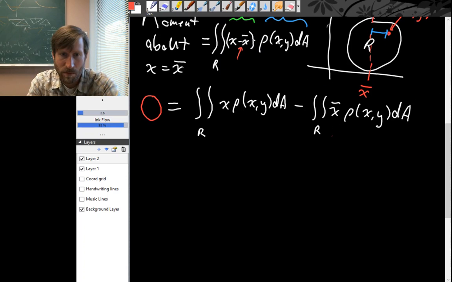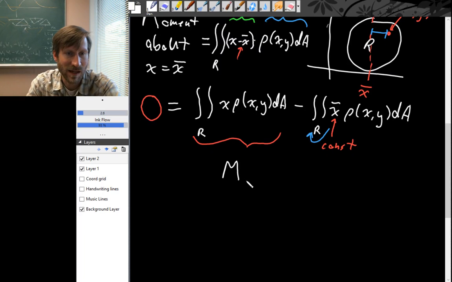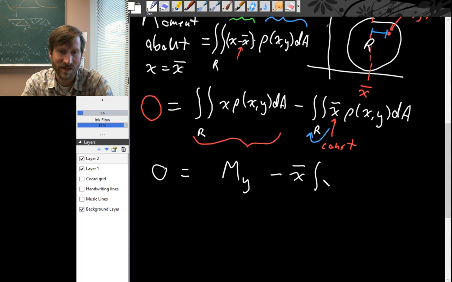Now this x bar, that's really a constant. And so we can move it outside of its integral, like that. And this first integral, this entire thing, this is the moment about the y-axis. So now we get 0 equals the moment about the y-axis minus x bar times this integral over R of rho of x comma y dA.